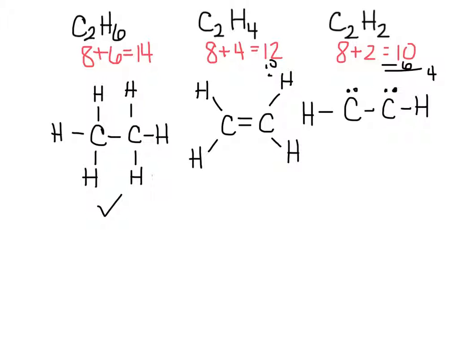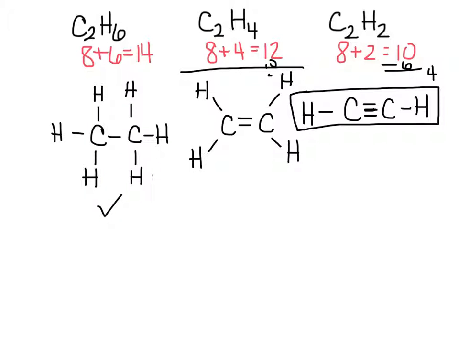So if I go ahead and use my little rule here that maybe if this guy shares 2 of his with this carbon, the carbon on the right now has 8, but the carbon on the left still only has 6. So let's do this and share again. And now each of our carbons has 8. So in cases like these, this is ethyne, this one's called ethene, and this one is ethane.